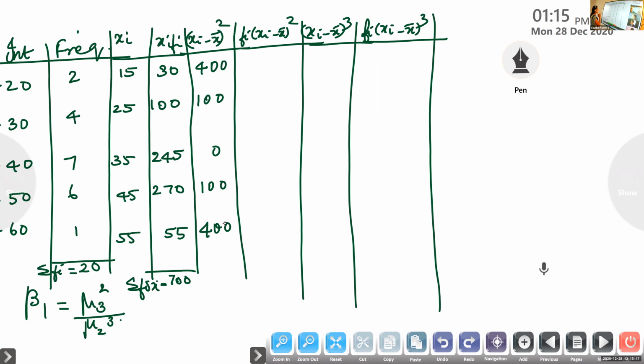This is xi minus x bar, the whole square. Then fi into xi minus x bar, the whole square: 800, 400, 0, 600, 400. So this will give sigma fi into xi minus x bar, the whole square.